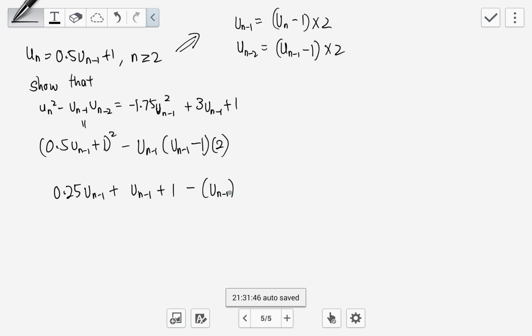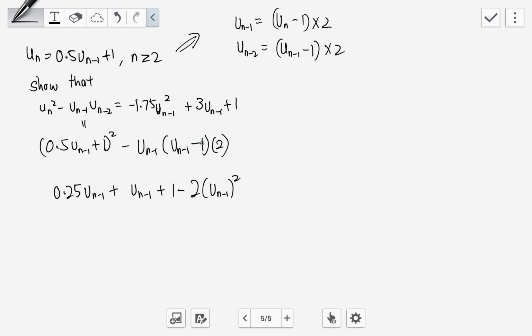u_{n-1} squared, because this one multiplies in, right? Oops, there's a 2 there, so I might as well do it in one go. So the 2 multiplies to this as well. 2 multiplies to this, then multiplies to this, I get this term.